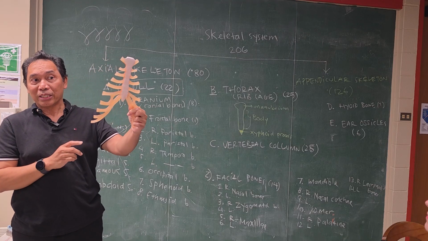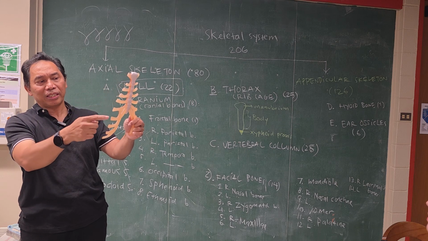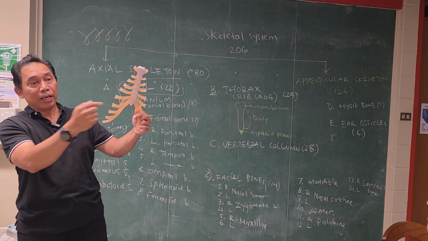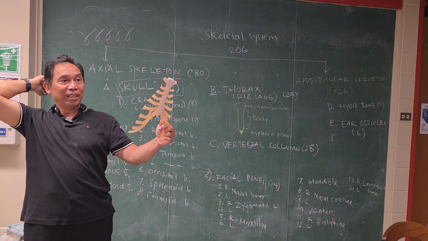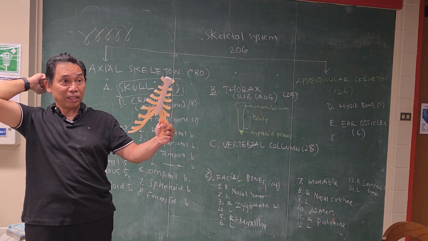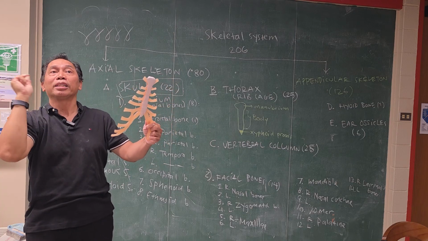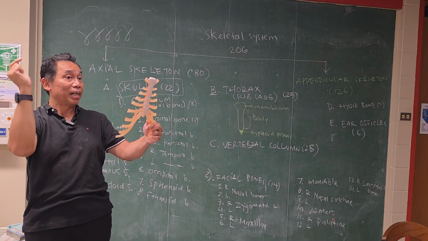Okay, now 7 of them, 1, 2, 3, 4, 5, 6, 7, will be attached directly to the manubrium and then go to each thoracic vertebra. There are going to be 12 thoracic vertebrae later, attached with each of the ribs.